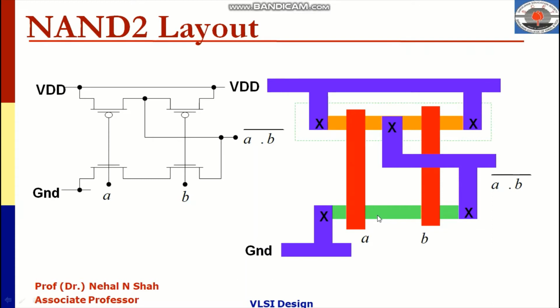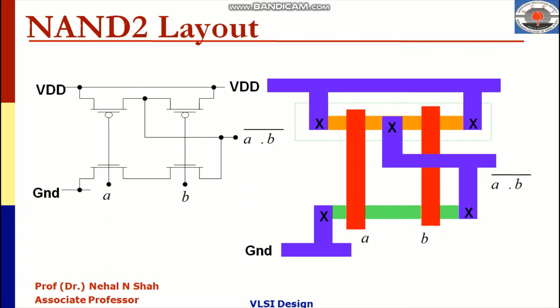So, drain of one transistor is shared with source of another transistor. PMOS are in parallel. So, in this case, drain of both the PMOS are connected with VDD. Source of both the PMOS are shared, and from that output is being taken.